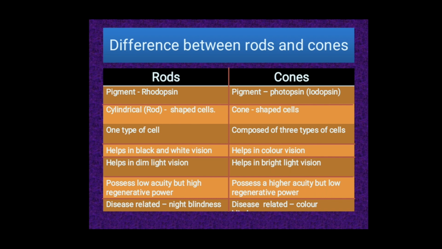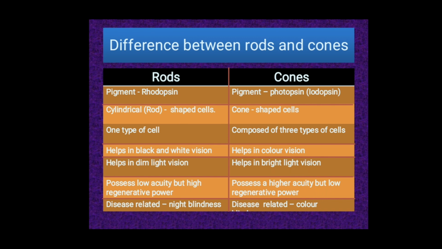Now the next point related to rods. They possess low acuity but high regenerative power. So the vision does not have so much accuracy. You might have experienced this when the power suddenly goes off in your room. What happens? You cannot see things for a few seconds.